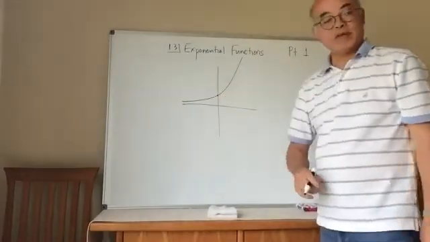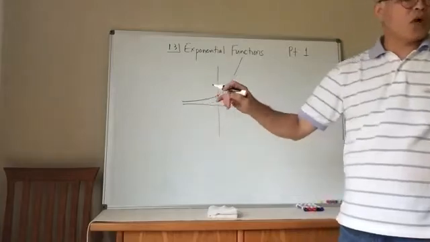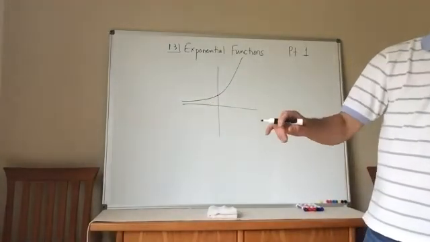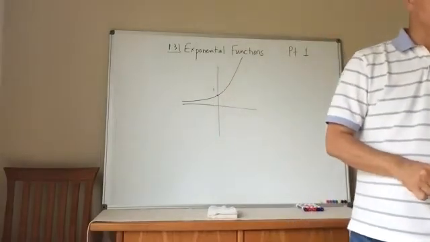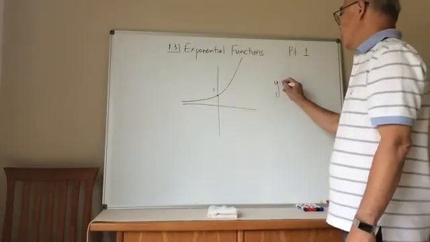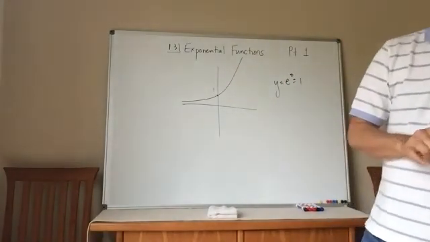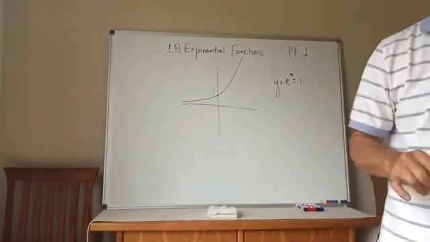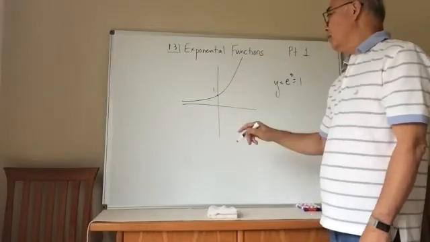Where does it go across the y-axis, called the what? The y-intercept is 1, right? The y-intercept is when x is equal to 0, and when x is equal to 0, y is equal to e to the 0, which is going to be 1, right? Anything to the 0 power is 1. So it's always going to go through this point right here, 1, right?